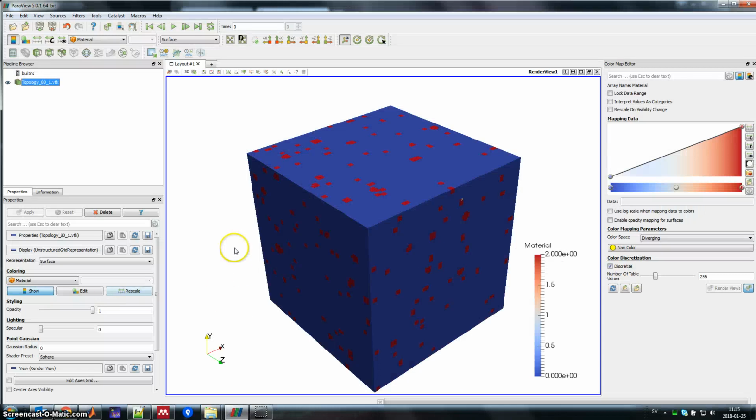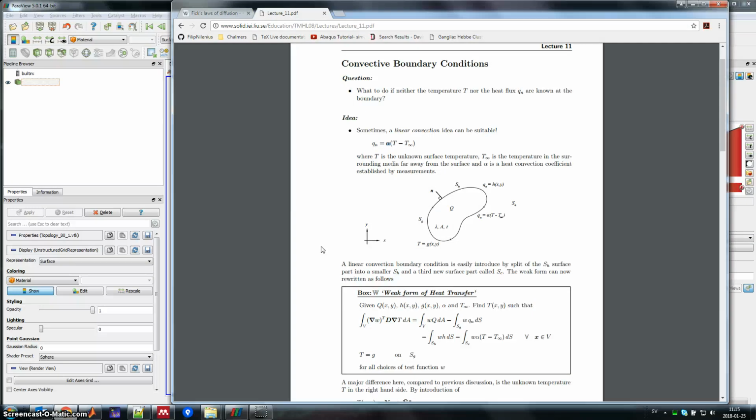So the concentration here would correspond to T infinity, and T here would be the solution or the concentration at the actual surface. And then the flux is equal to that difference between those two times a coefficient, and this is some sort of resistance measurement.